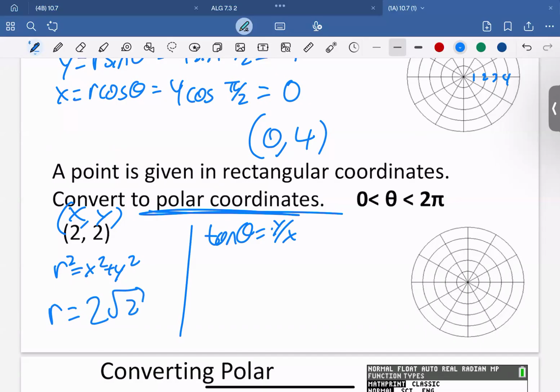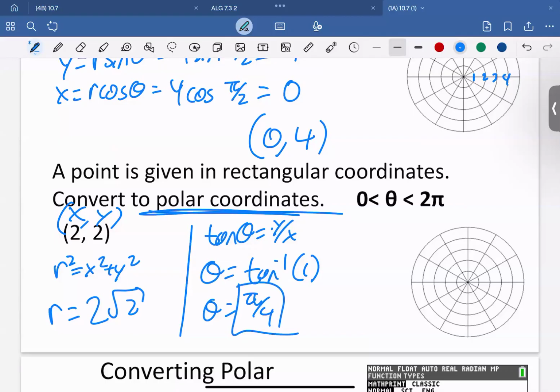And tangent theta means theta equals inverse tangent of 1, which is pi over 4. We are in quadrant 1, so we can just leave it as pi over 4, giving us polar coordinates of 2 root 2, comma, pi over 4.